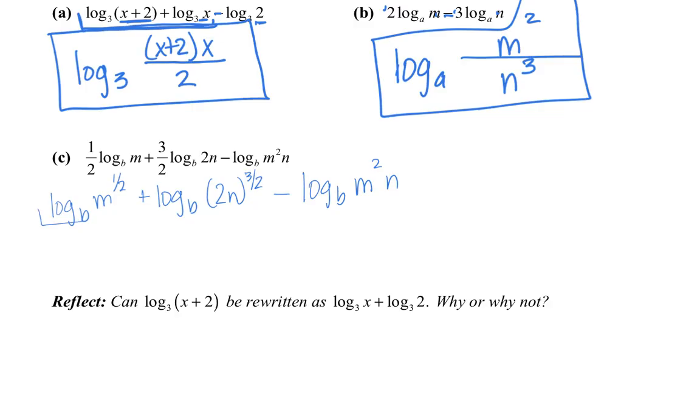Now these two are being multiplied. So log base b, and then this is division, so we can go ahead and do our division. In the top we'll have m to the 1/2, 2n to the 3/2, and the bottom we'll have m squared n.